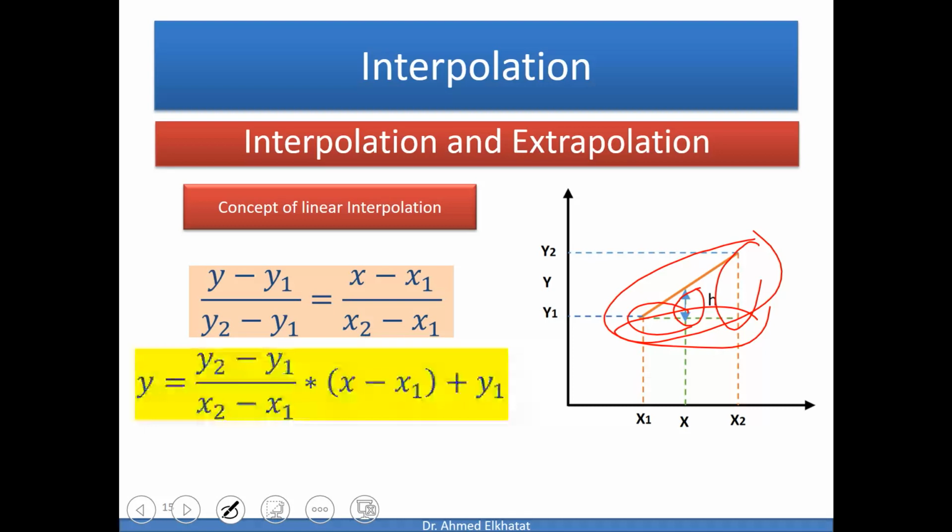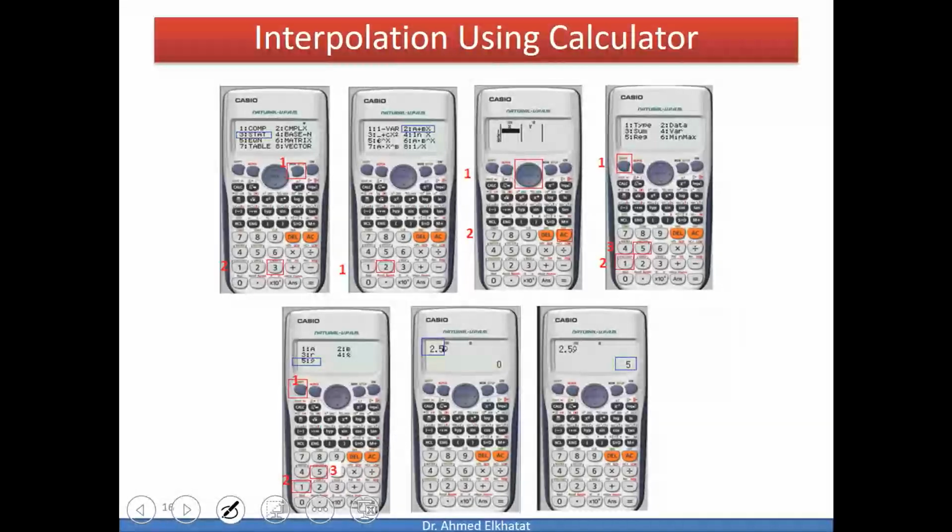By rearranging this equation, we get the formula. If you put in the knowns, you can find the unknown. This is by simple hand calculation, but you can use a calculator and Excel to find it quickly.